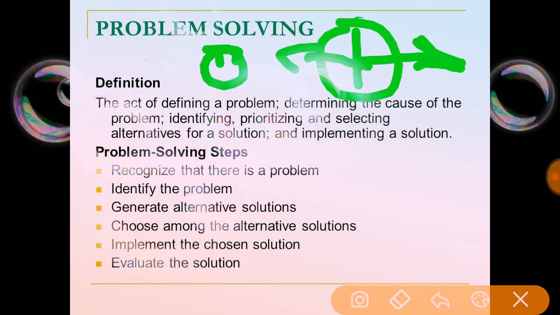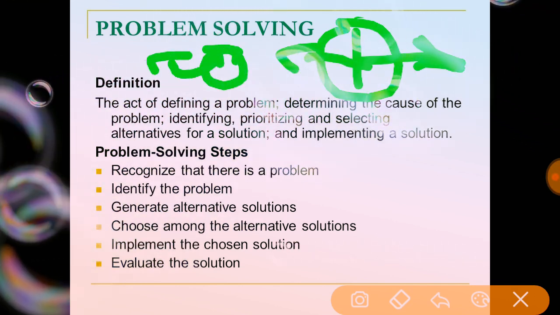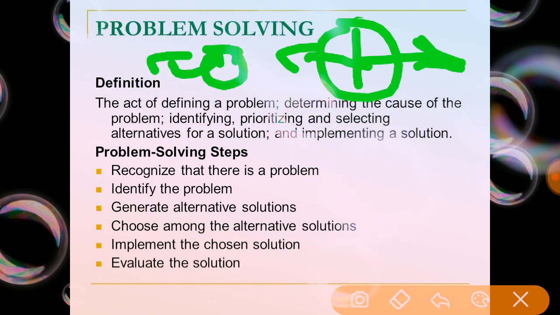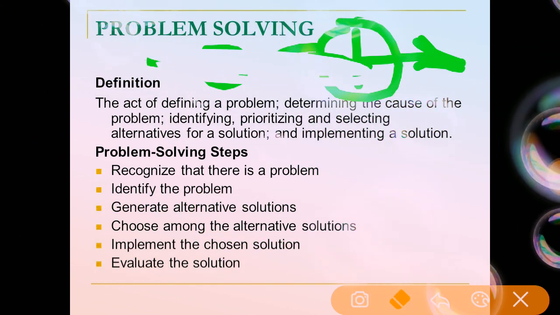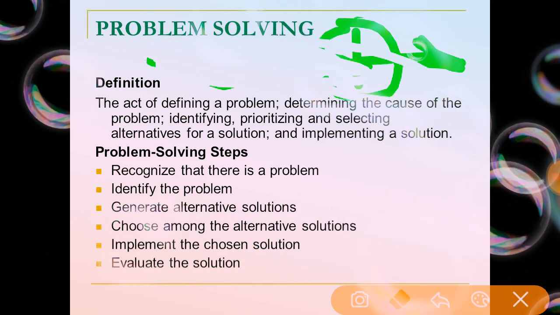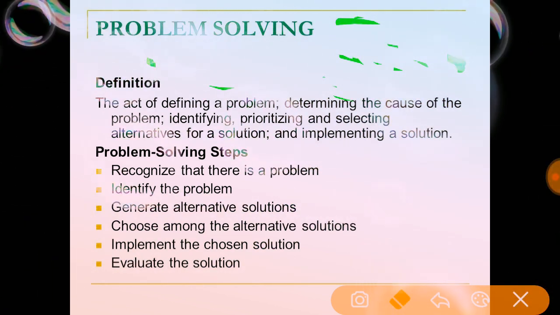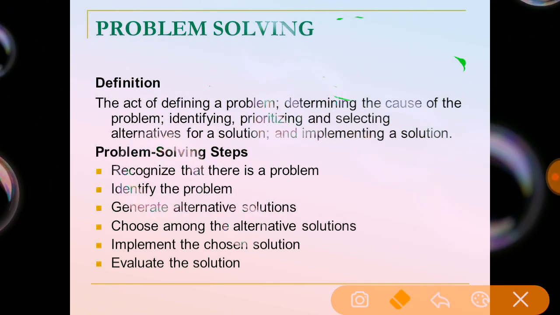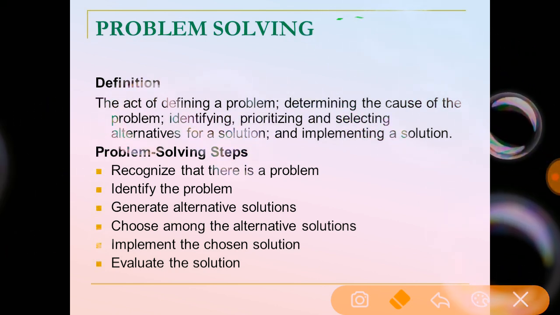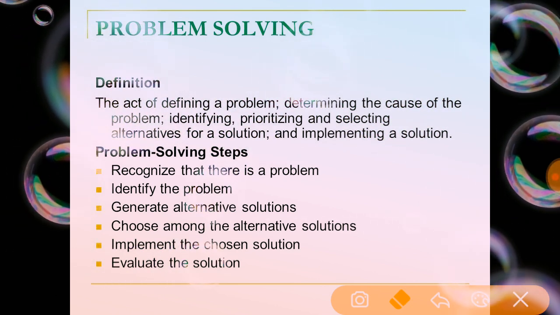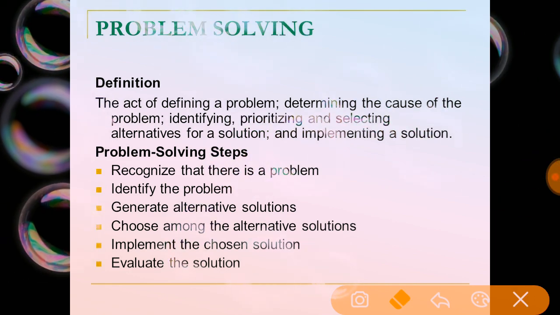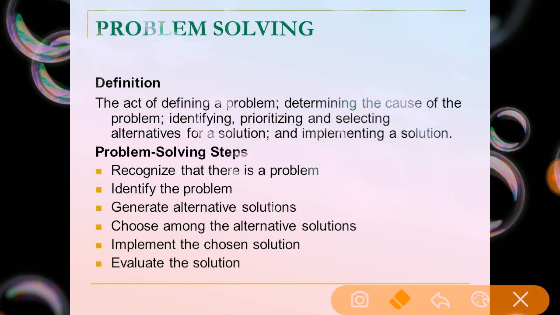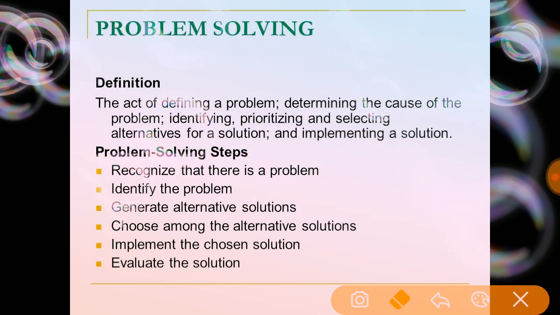If one solution is not correct, then the researcher may move to another alternative, and then implement the solution. Why is implementing the last step? Because you have already identified the particular problem, then prioritized according to the identification, selected the particular alternatives for a solution, and then implemented the solution.